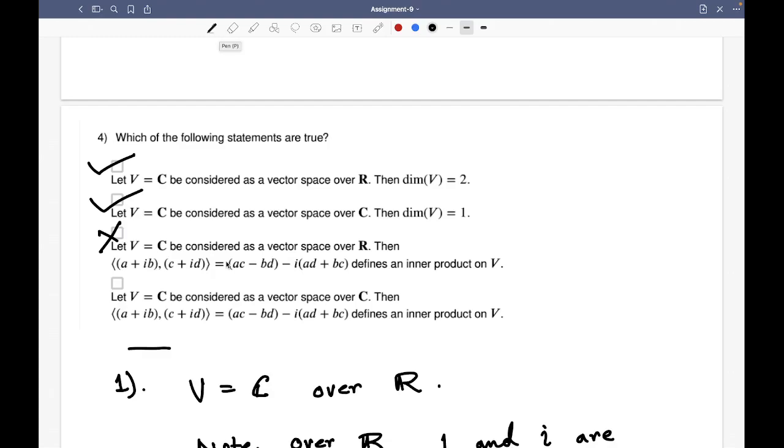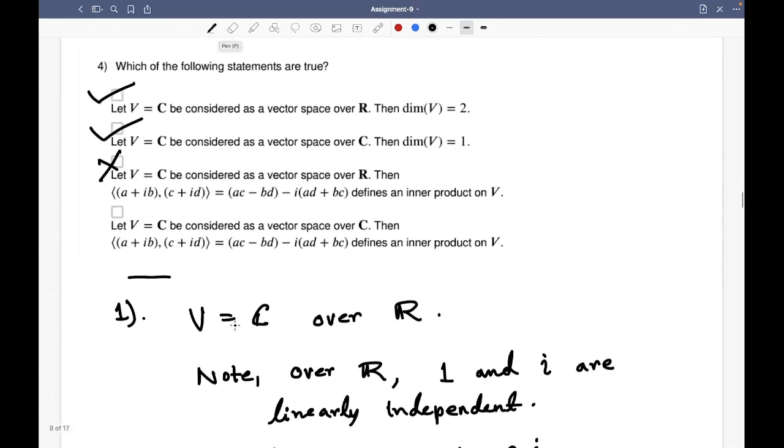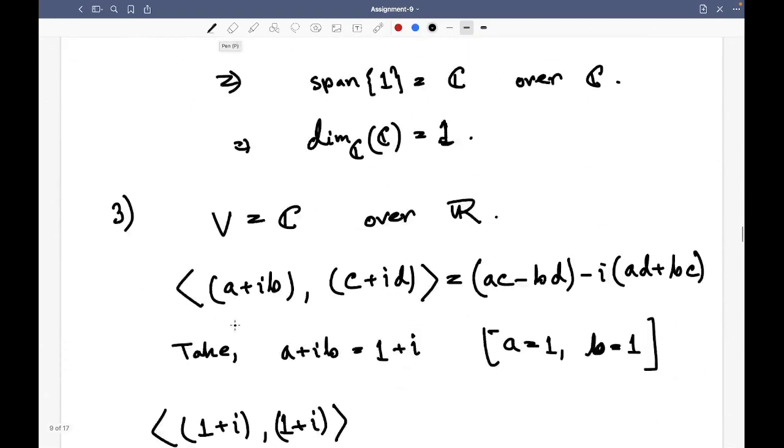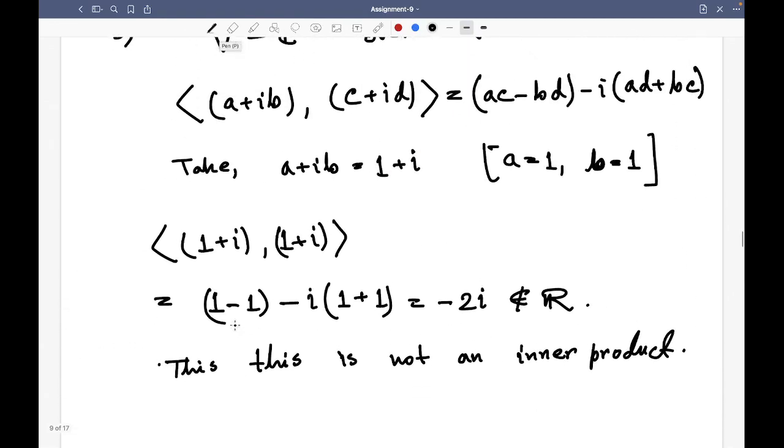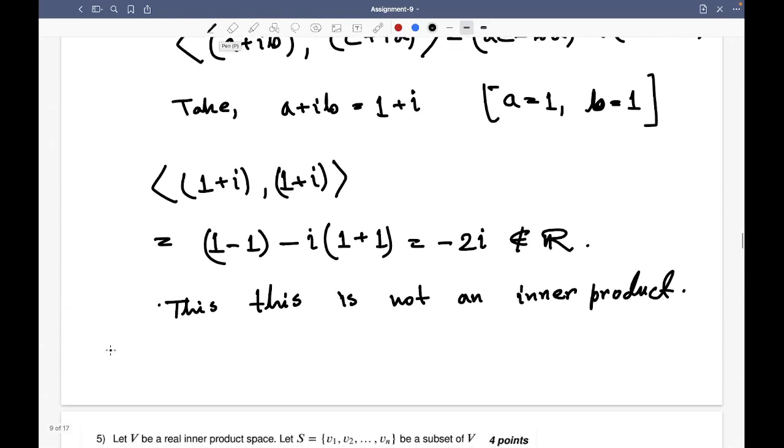But we have checked that condition number 3 is not satisfied, and condition number 3 does not depend on the field. It means that we always have to check that the inner product of V with V is positive. So the same example as in 3 will work.